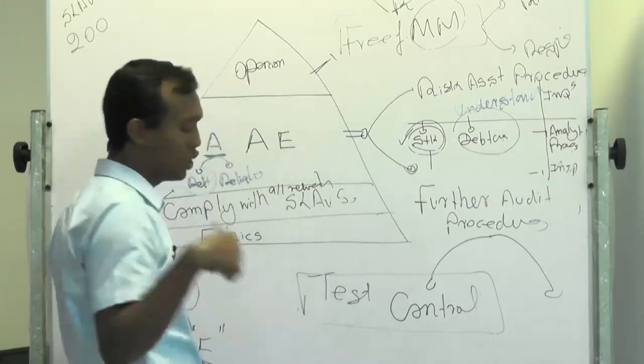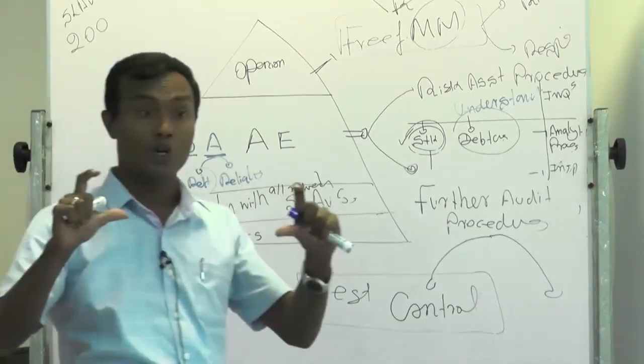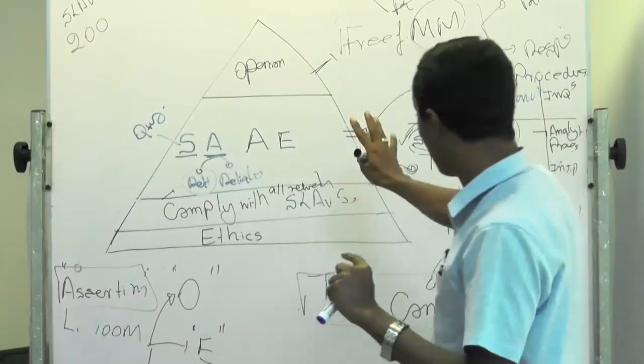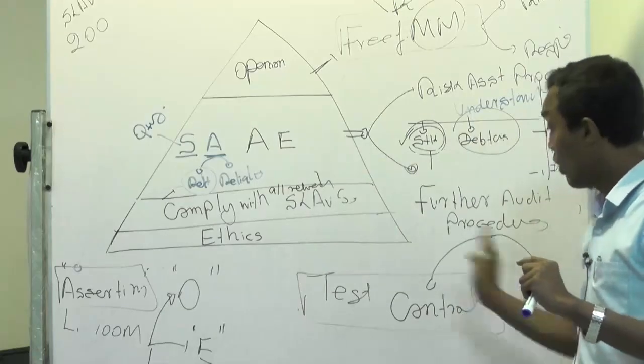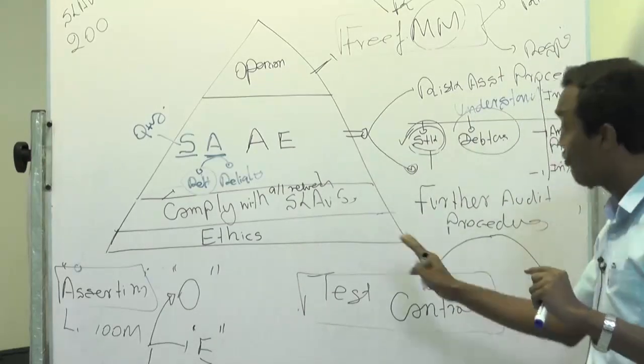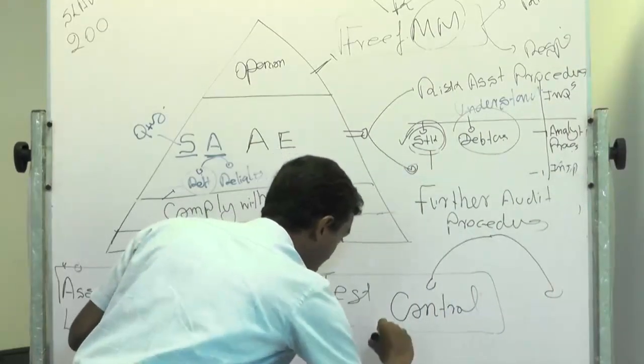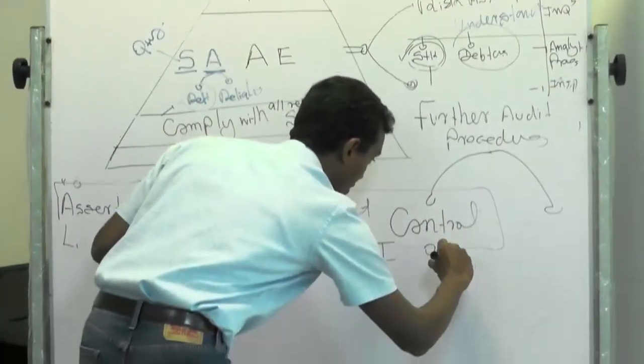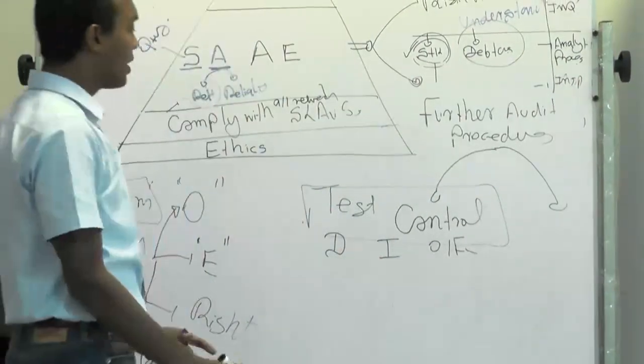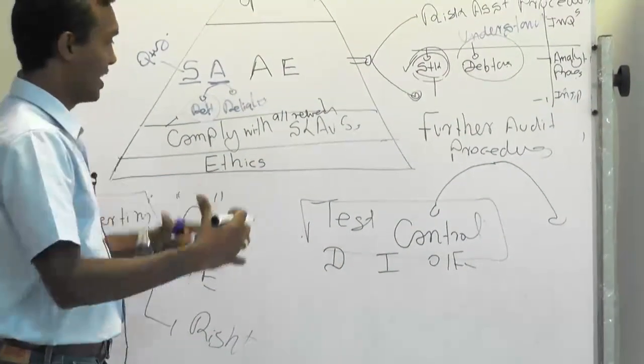I mentioned in my previous explanation, control has to be designed: there should be a proper report, and the accountant should be looking at the report every month. Then we call the control designed, implemented and operating effectively. So I am happy now because the company is detecting misstatement.